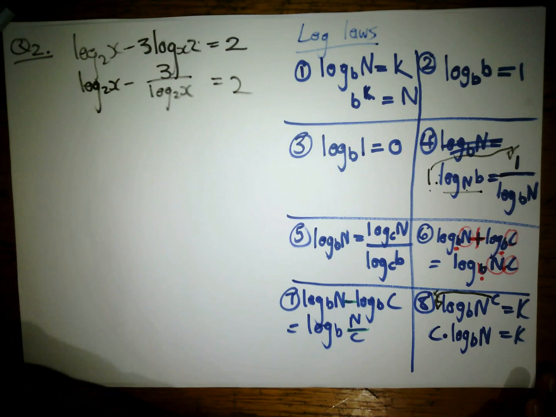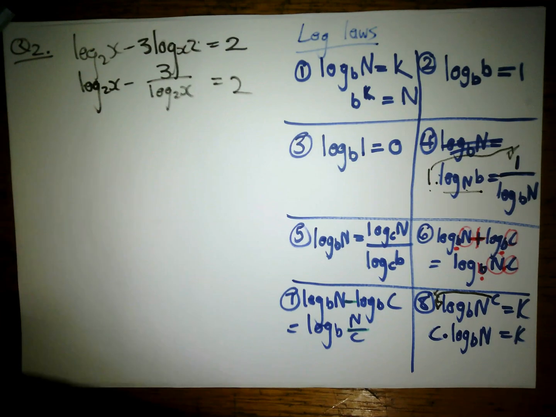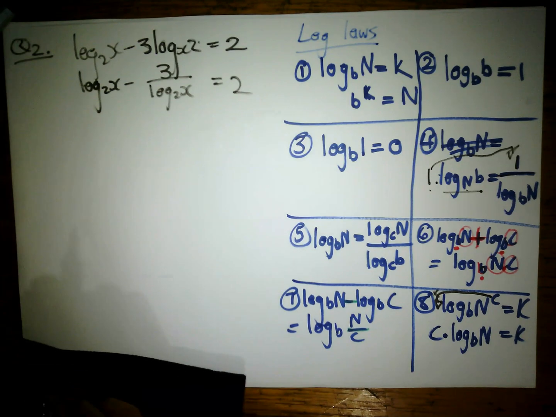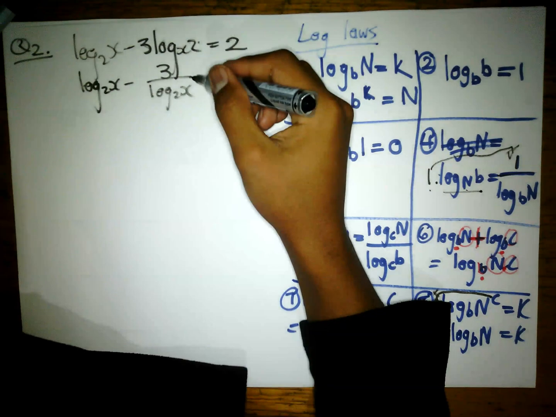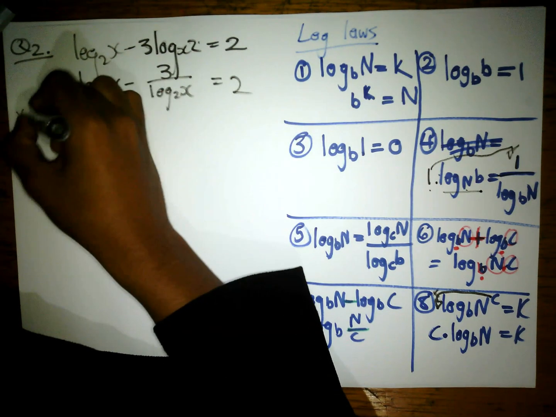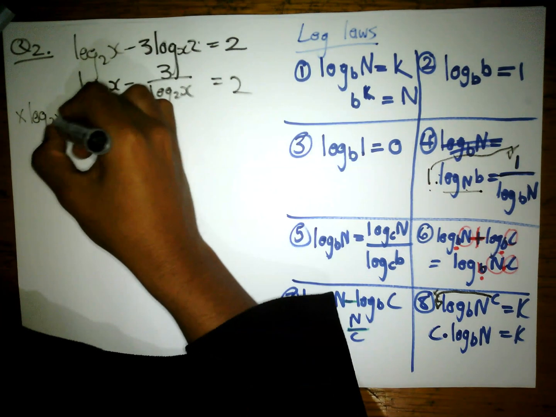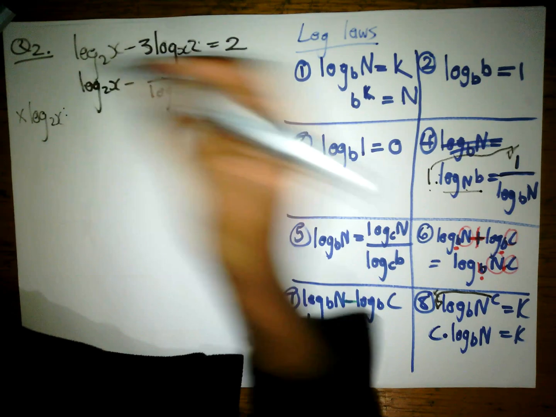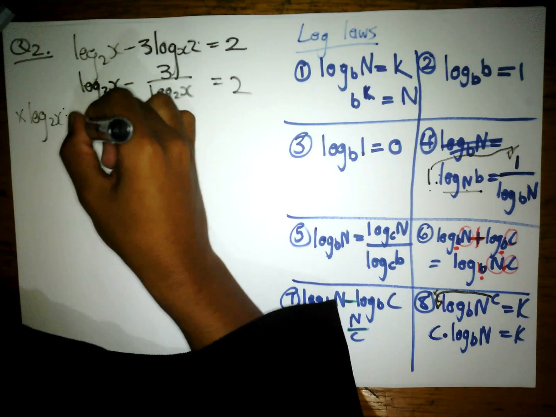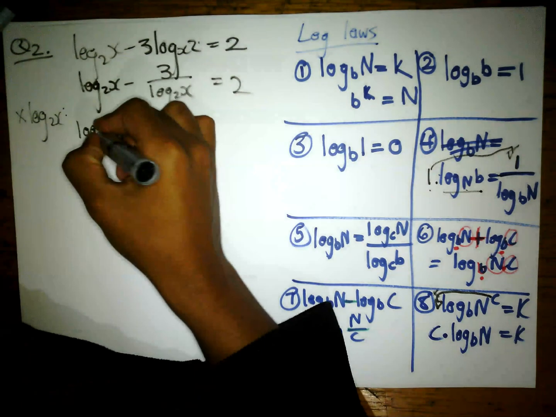Okay. So what do we do now? The best thing to do now is multiply, because we don't want a fraction. It's going to complicate things. So what I'm going to do is multiply this whole equation, the whole thing, with log 2x. And then I'm going to get, what is log 2x times log 2x? Does anybody know?